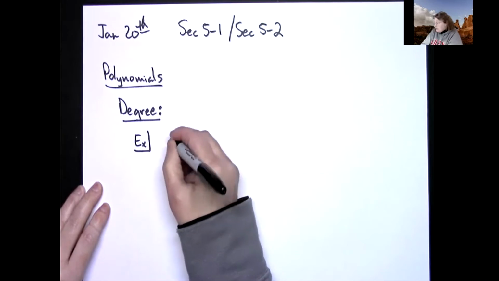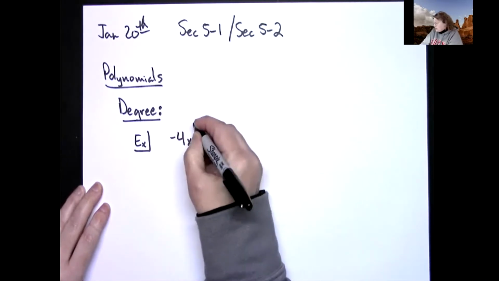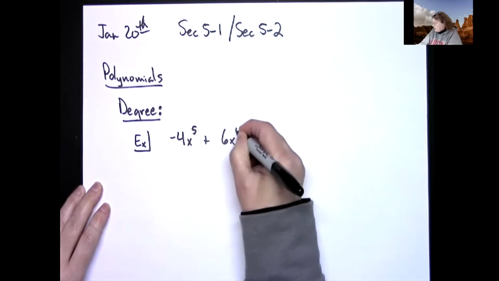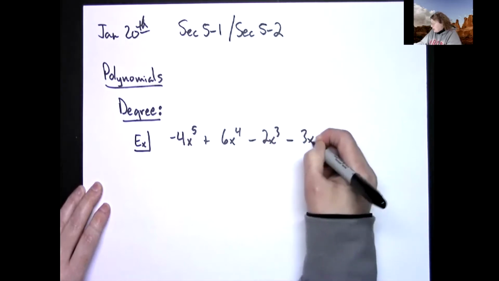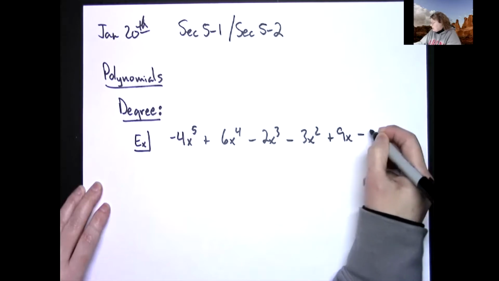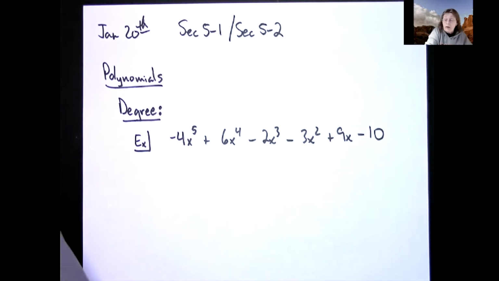If I had something like negative 4x to the 5th plus 6x to the 4th minus 2x to the 3rd minus 3x squared plus 9x minus 10. Yeah, I got a little ridiculous there, but you get the idea.